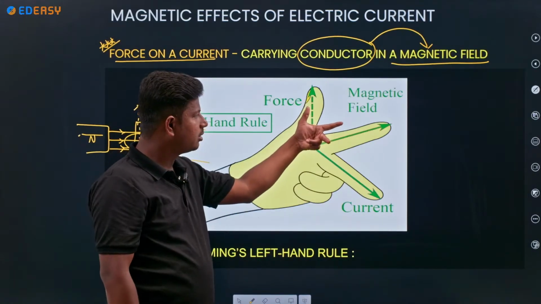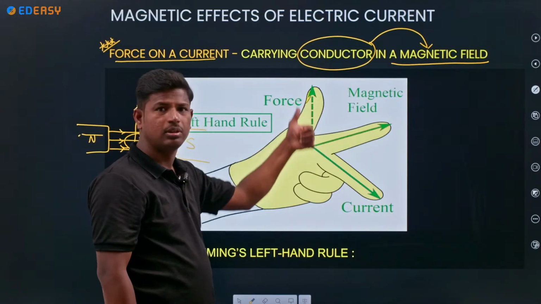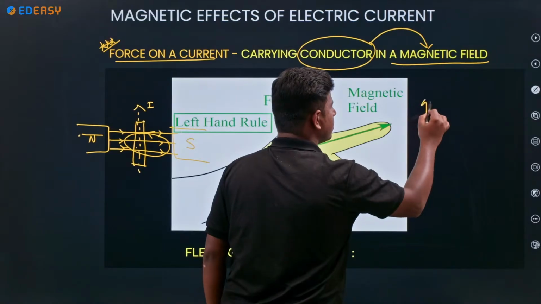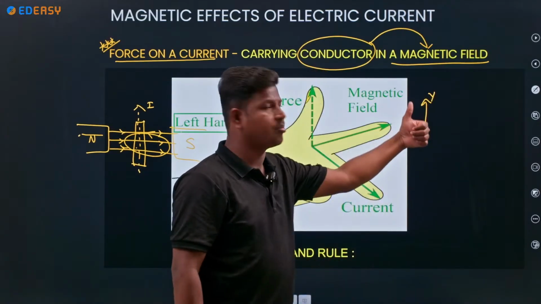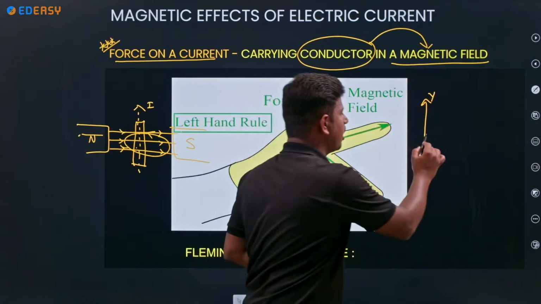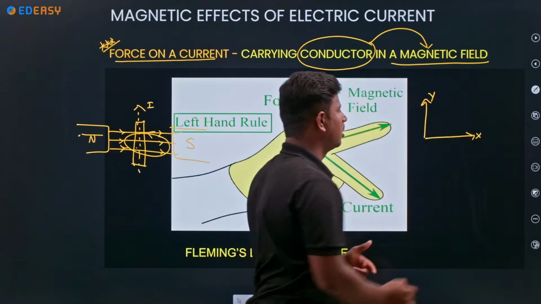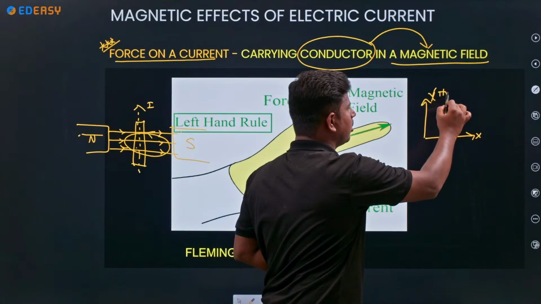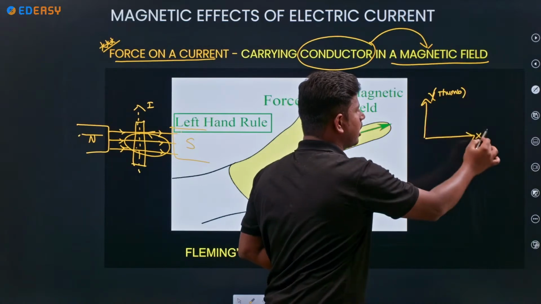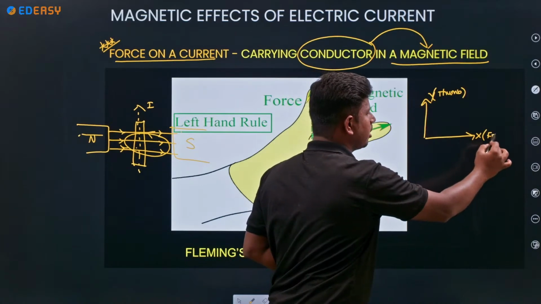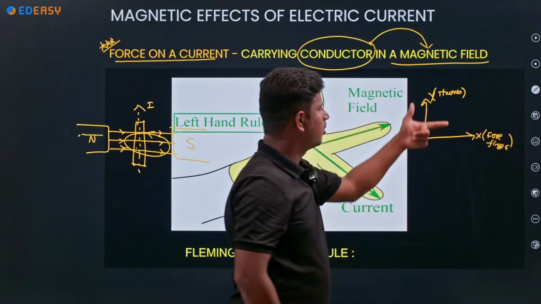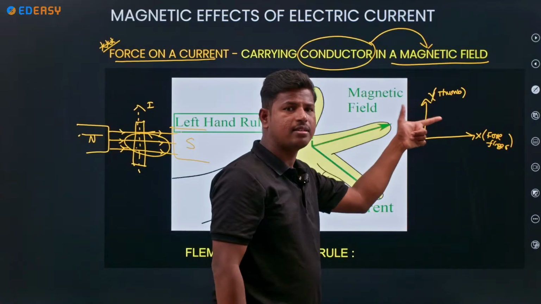Let us take the y-axis and x-axis. On the y-axis, the thumb. On the x-axis, the forefinger.